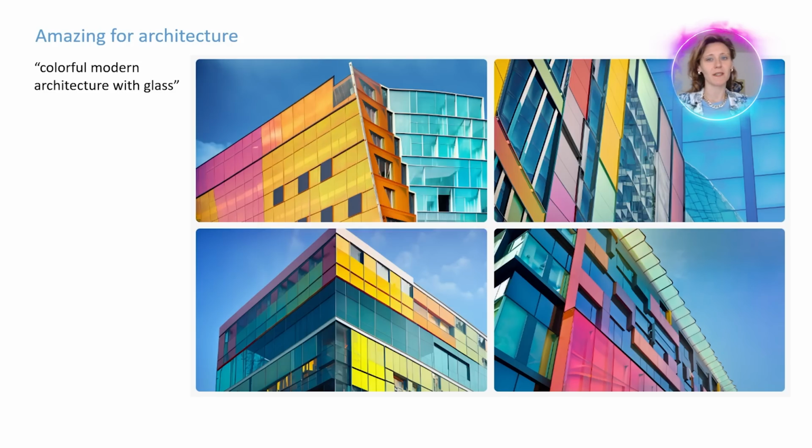And I also specified that the style has to be modern, and there should be a material which is glass for windows. And as you can see here, all four images, so 4 out of 4, have glass, well, multiple glass materials, and they're all colorful.